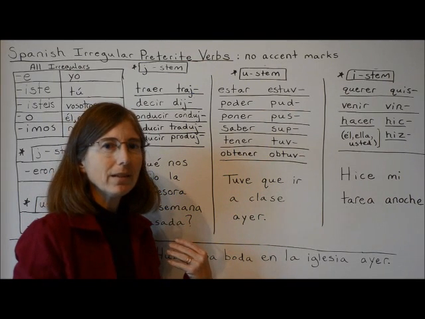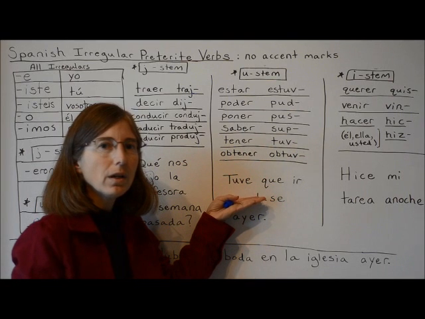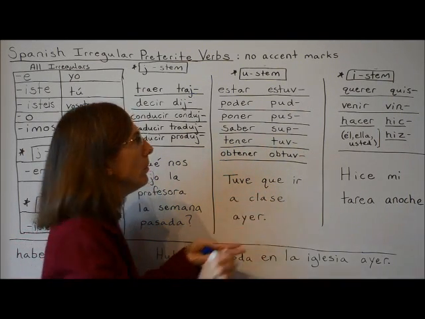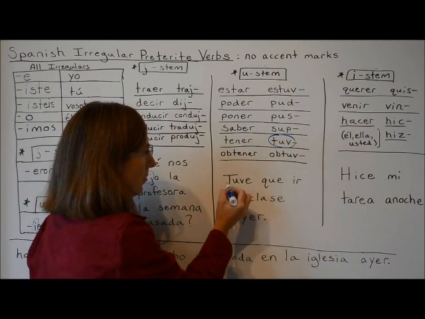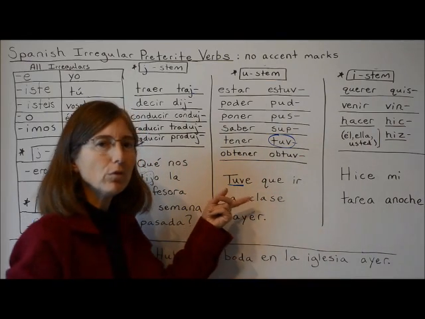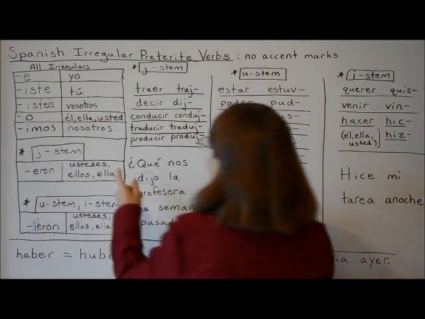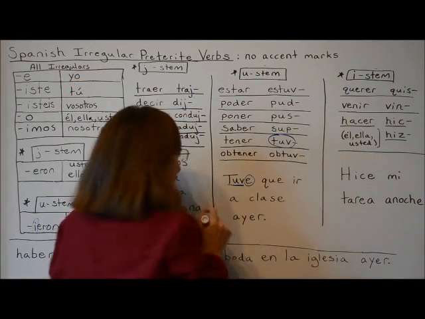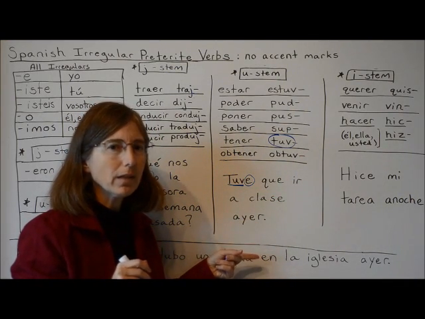I had to go to class yesterday. So we have the yo form of tener in the preterite tense. Tener, the stem becomes tuv. And then we have the yo form ending e. You can see the yo ending e right here. So, tuve que ir a clase ayer. I had to go to class yesterday.